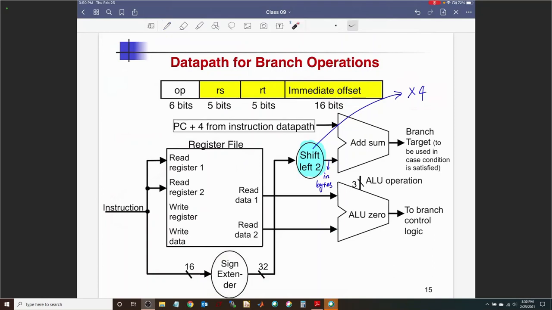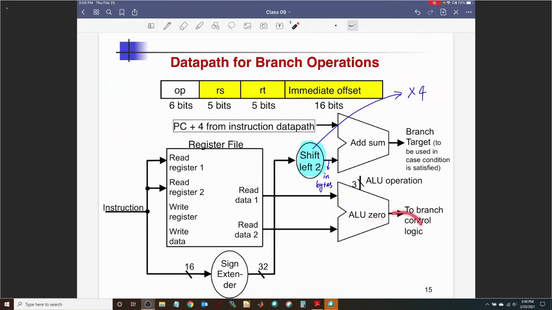So over here it's in bytes. Then depending on how that comparison went, you can either do PC plus 4 or you can do PC plus 4 plus all of that, depending on whether things were equal or not. And how are you checking for that condition? Read data 1 from register 1, read data 2 from register 2, put them into an ALU, subtract them, and monitor the ALU 0 output.